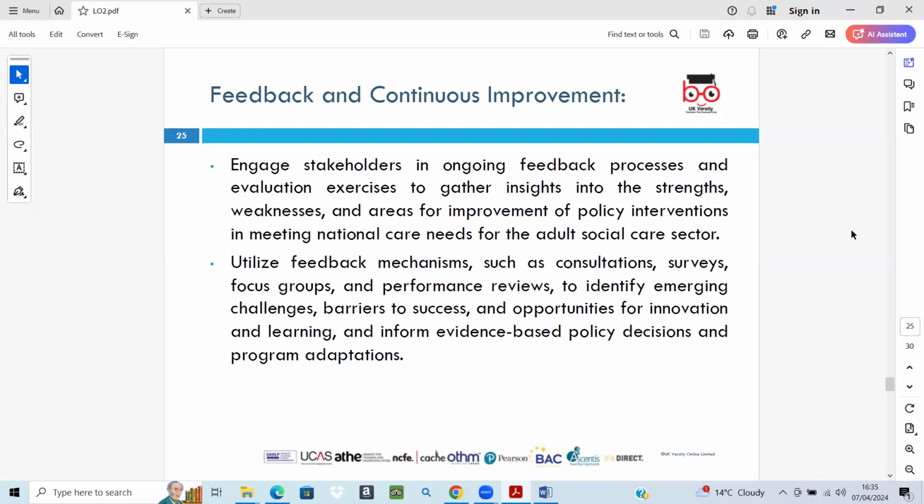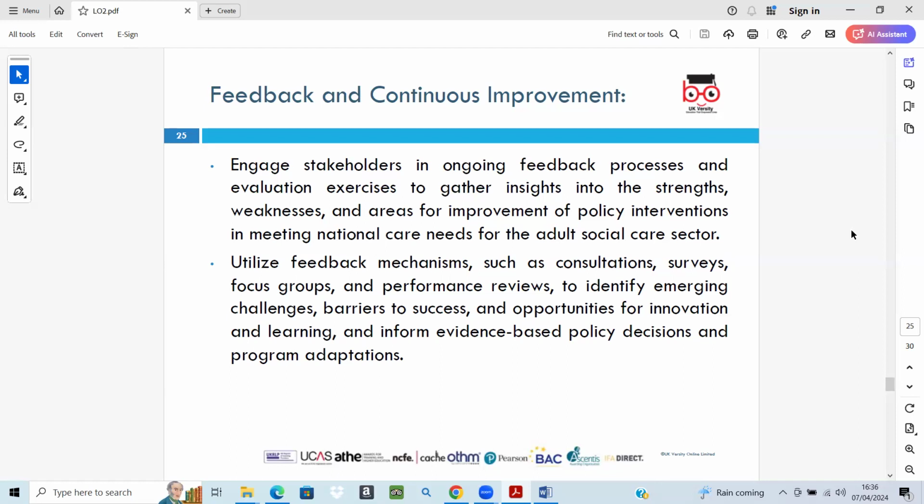We use feedback and evaluation findings for evidence-based decision making. Why do we do that? To inform evidence-based policy decisions and program adaptation. Evidence-based is always based on the evidence. That's why it's called evidence-based research or decision making.